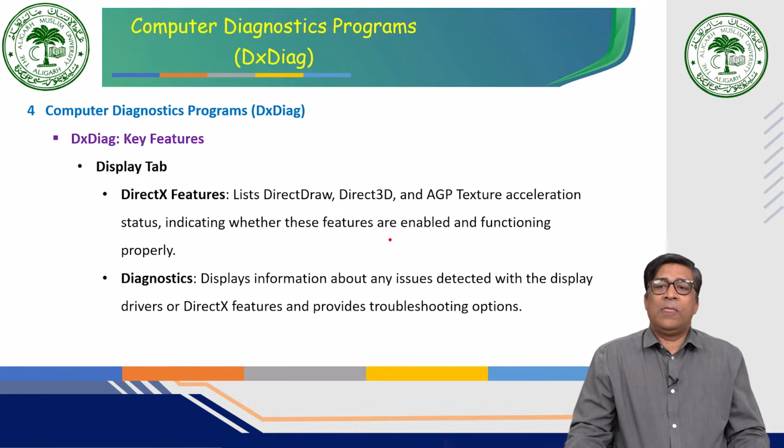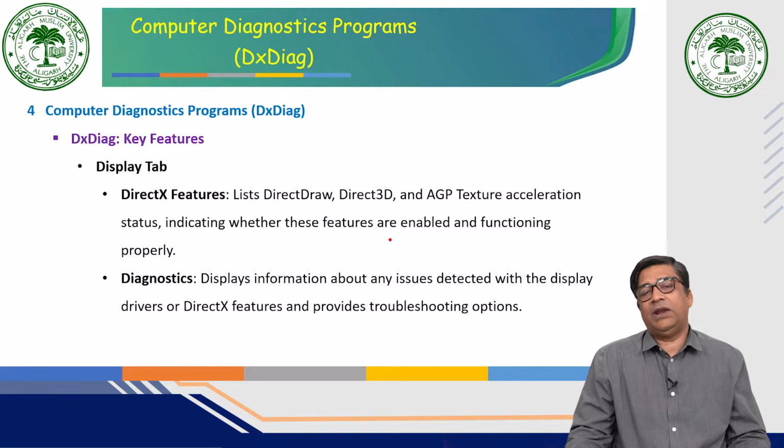It shows you if there is any problem that has been identified in your machine. It also shows you if there are certain features that are disabled, or if there are any drivers that have some conflicts.